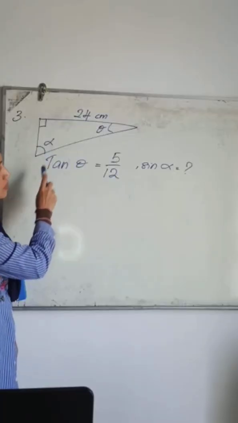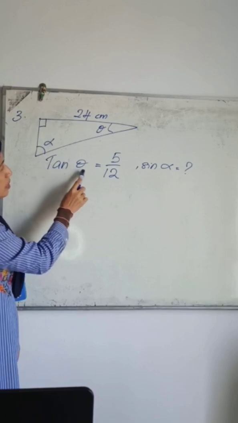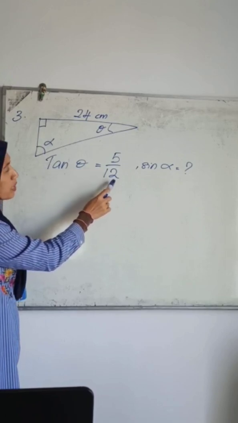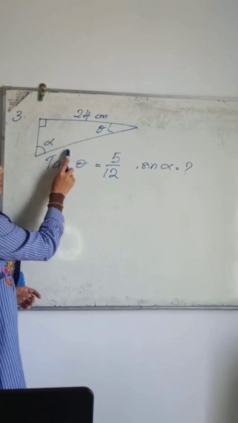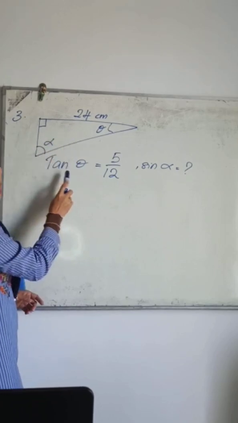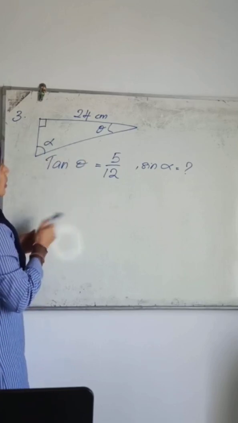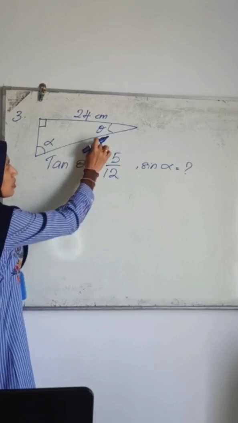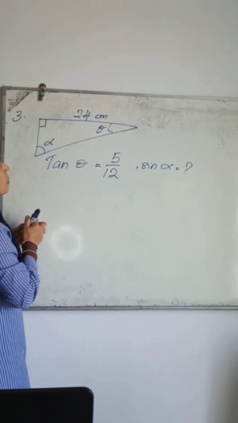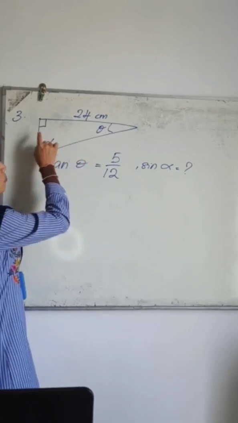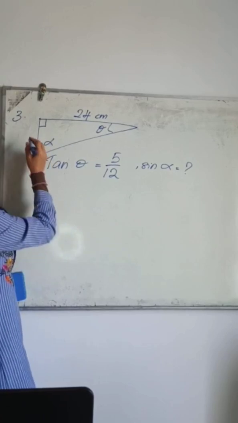Question number 3. This is the diagram given, and given tangent theta is equal to 5 per 12. From the diagram, we can find the other length by using the trigo given. Tangent theta is equal to TOA, opposite per adjacent. So opposite here, let's say y.